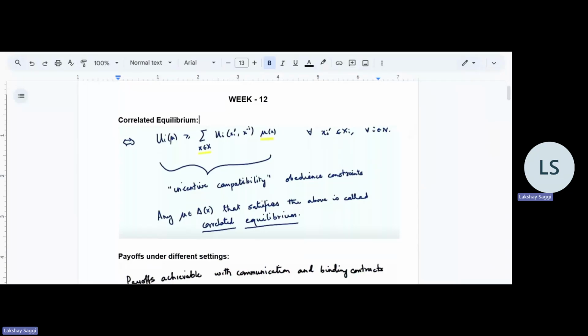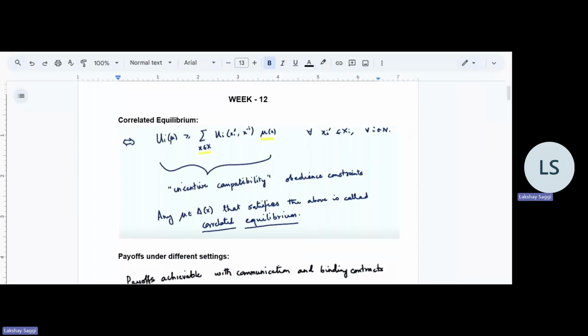But still, what this pre-play communication helps us in is introducing communication between the players. Even if a contract is non-binding, if the two players can communicate before starting their turns, they can toss a coin together and observe the outcome of the coin together. These kinds of things would not have been possible if there was no pre-play communication and every player was playing on its own.